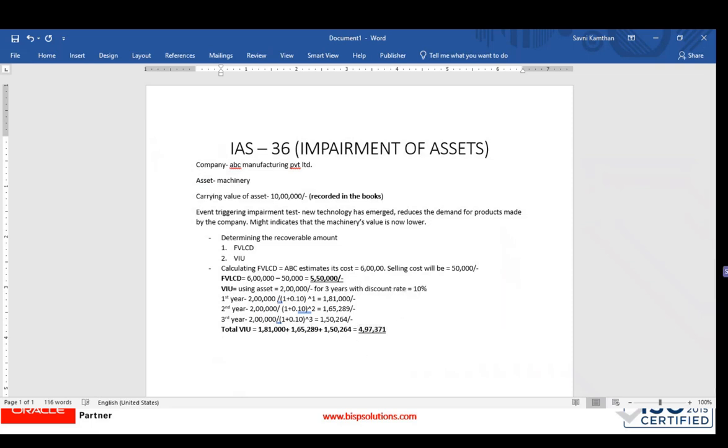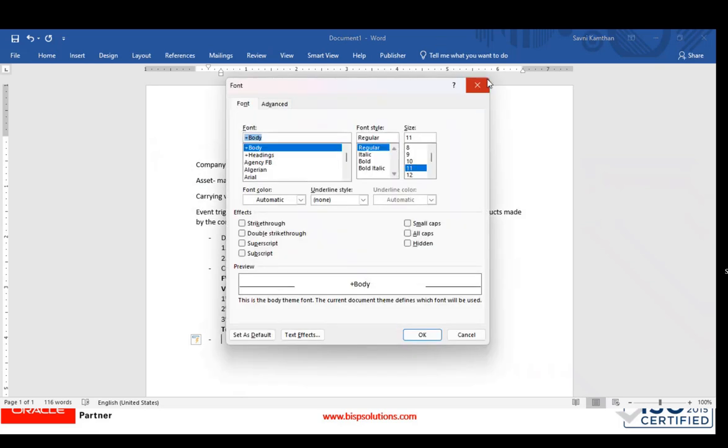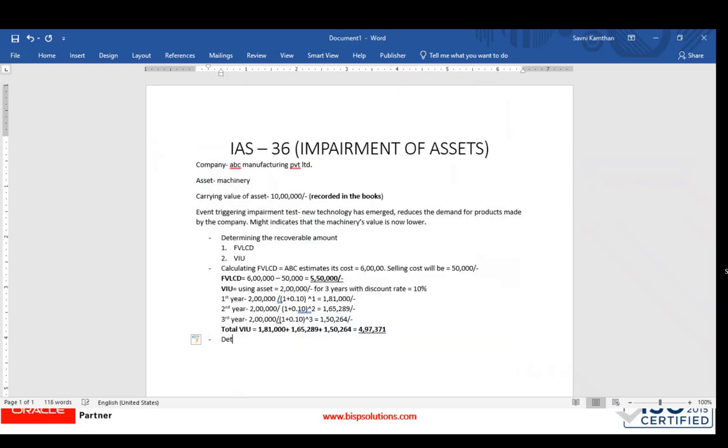Then comes our recoverable amount. So now we will be determining the recoverable amount.